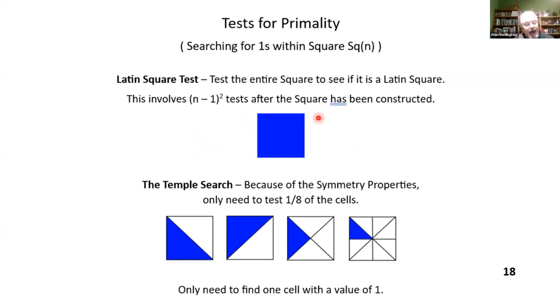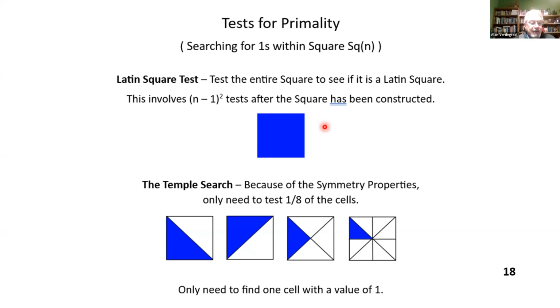And if we actually were to do that and get to the very bottom, and indeed all the numbers are unique in their row column, we have demonstrated that this is a Latin square and that the number n would be prime. Now, we don't have to search the entire array, though.